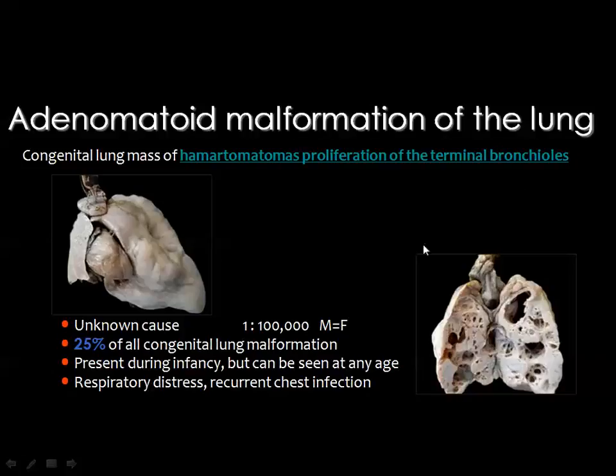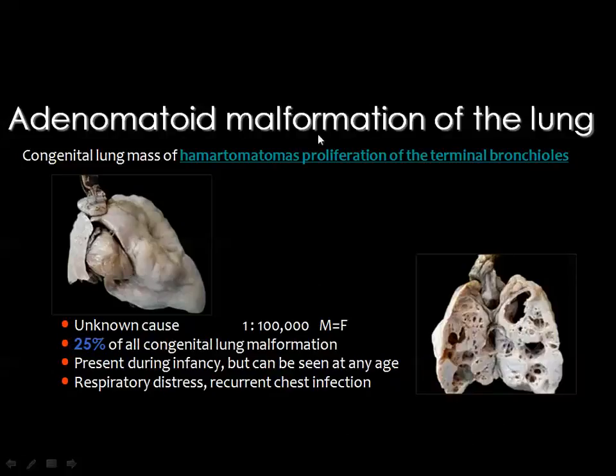And this will result, as you can see in this example, in excessive enlargement of one of the lungs, or maybe one lobe of a lung or the whole lung, and this will lead to compression and displacement of the heart and the mediastinum to the opposite side.